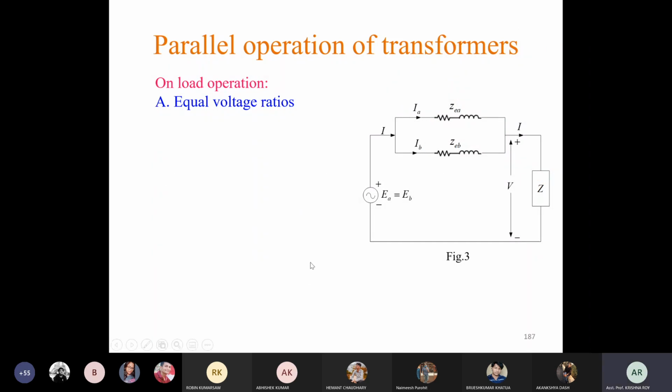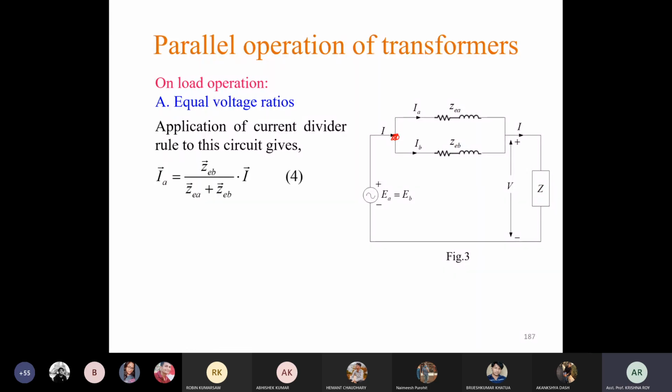now applying current divider rule at this point, we can find the value of IA and IB. Okay, that means the load current shared by each transformer. So IA is equal to ZEB.